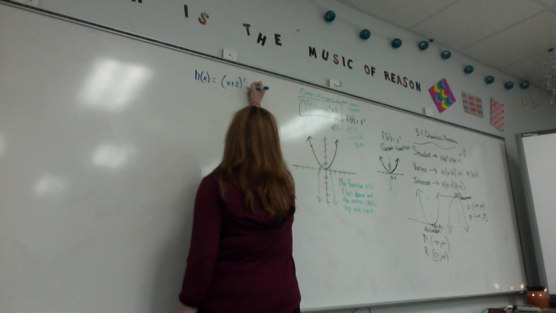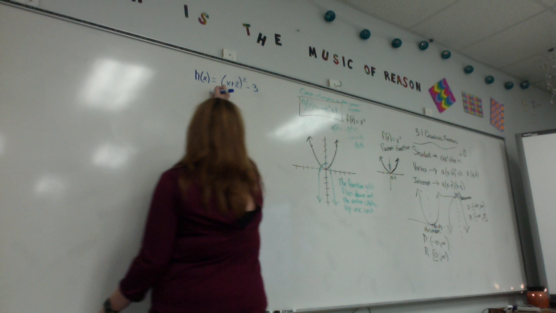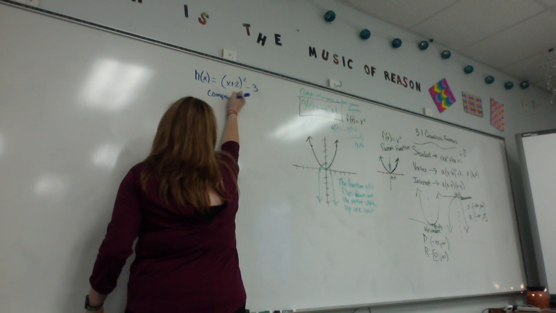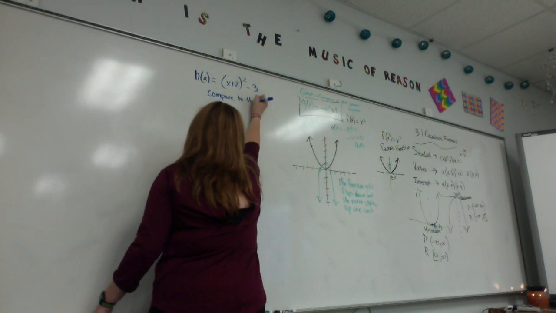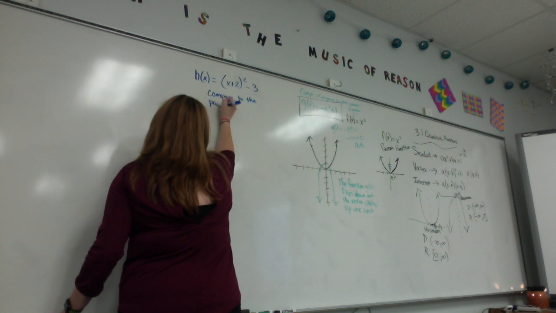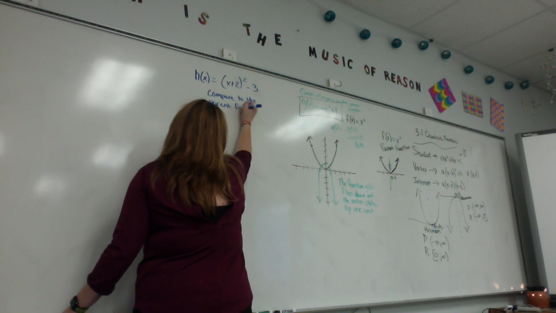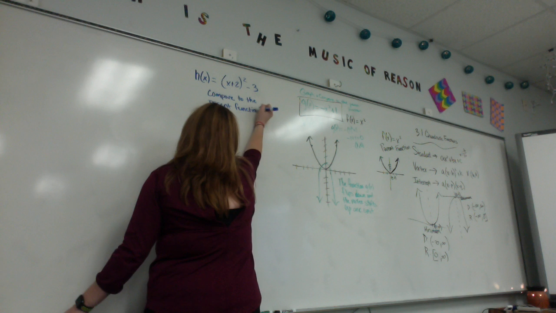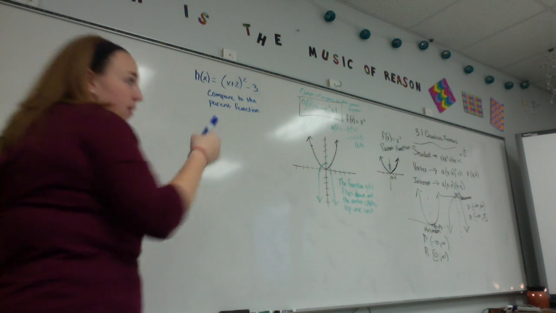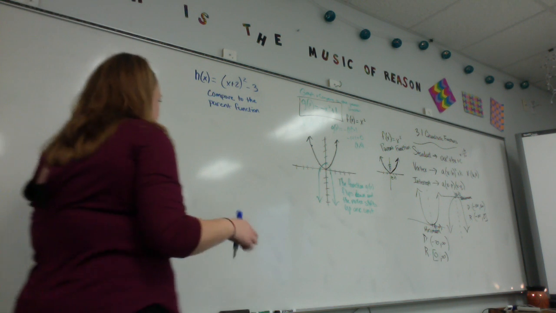Now, what form is this in? Yes. So if it is in vertex form, that means I can look at this graph and get a vertex out of it without doing any math.